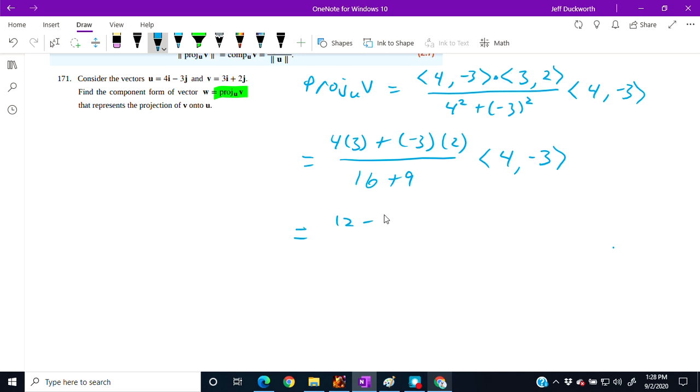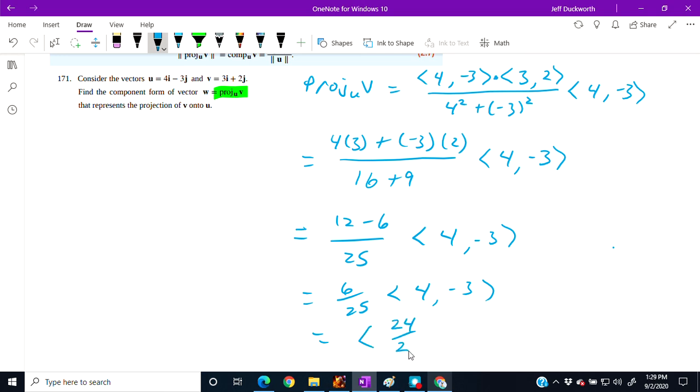So it's 12 minus 6 over 25, which is 6 over 25. So we can rewrite this as 24 over 25, because we're multiplying by a scalar, and then -18 over 25.